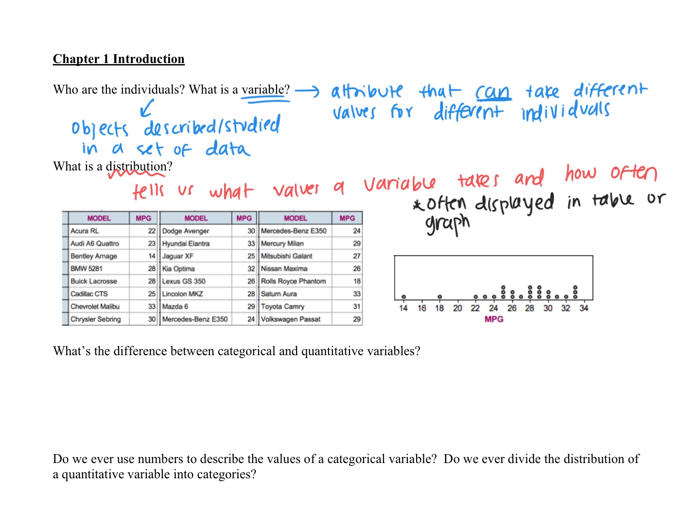Okay, so another thing that you read about is the two different kinds of variables. There are categorical variables and there are quantitative variables. Categorical variables put our individuals into categories.